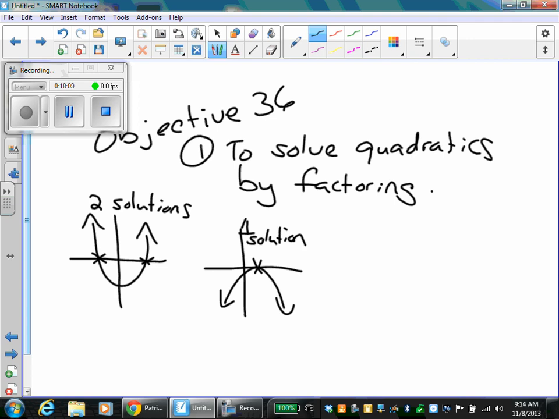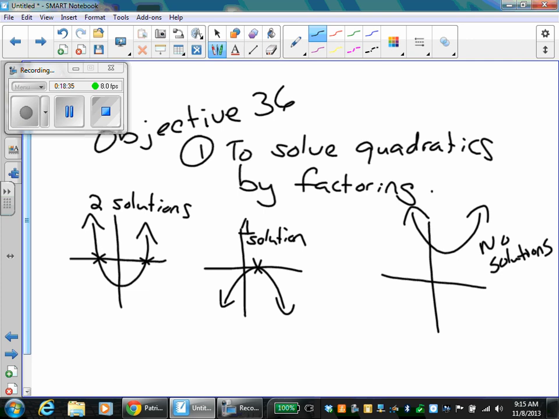And then sometimes you have one that looks like this that has no solutions. Any questions on that? No real solutions. When you get into Algebra 2, you'll figure out that it has imaginary solutions. But in Algebra 1, just know that it has no real solutions.